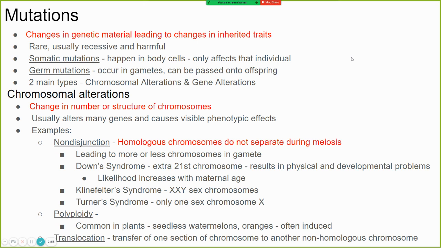Having an extra chromosome or missing a chromosome can have negative consequences in many different ways, because a chromosome controls lots of different things about our bodies. And some of these chromosome changes become more common as the parents get older. As parents get older, the likelihood of one of these chromosome abnormalities happening increases.